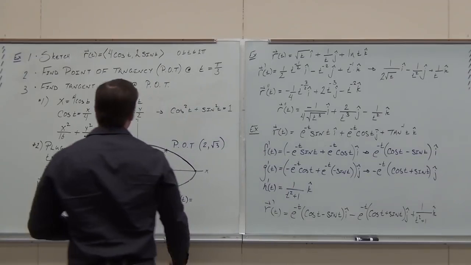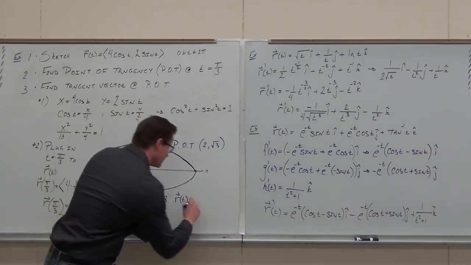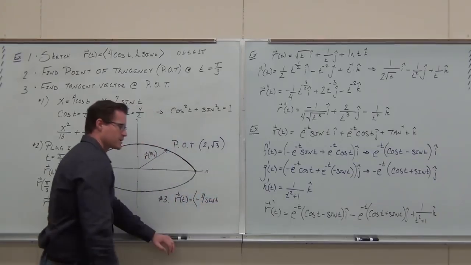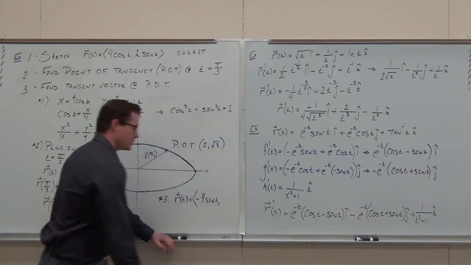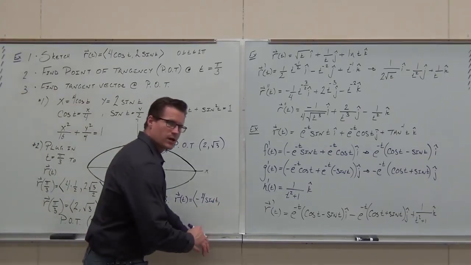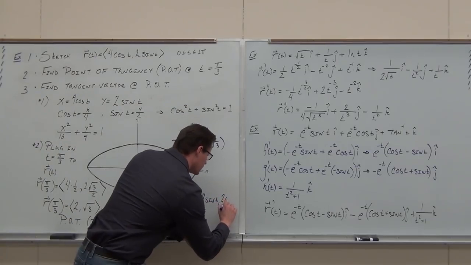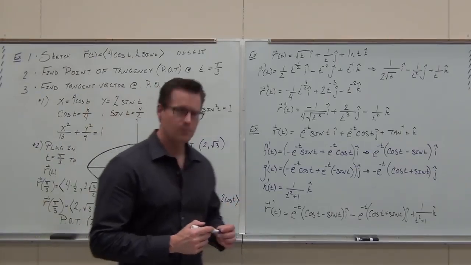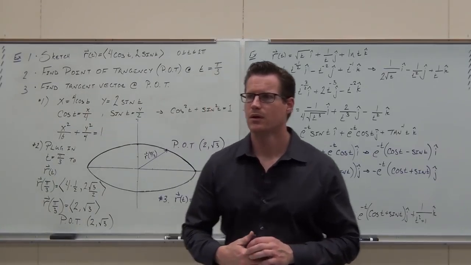Don't waste your time. What is it going to be? -4. If I use vector notation, I don't need the i's. But you can put them if you want to, if you don't use the vector brackets. And then I'm going to have what? 2.